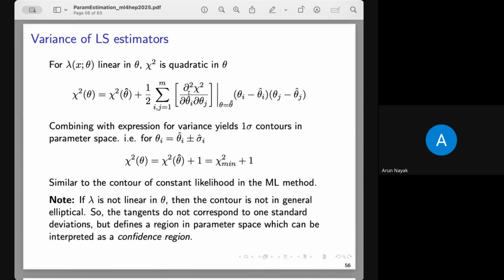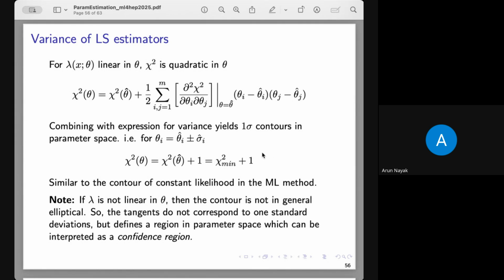Now, again, you see what we discussed in the maximum likelihood case. If theta i is changed to theta i hat plus sigma, then the chi-square will change to chi-square at theta hat plus 1. So if you replace theta i by theta i hat plus or minus sigma i, then chi-square will become chi-square theta hat plus 1.